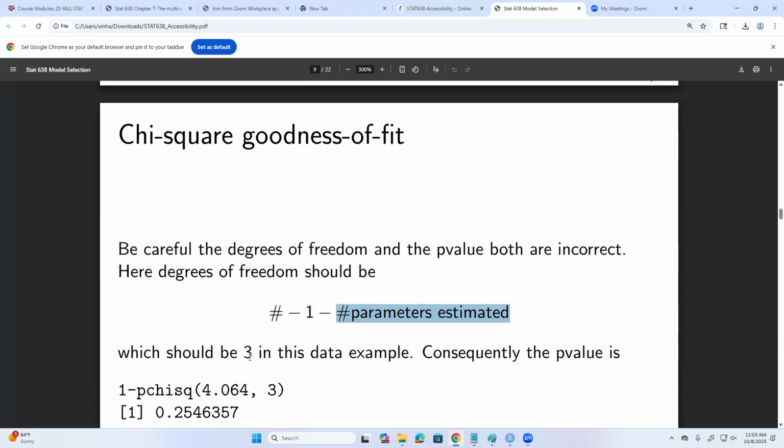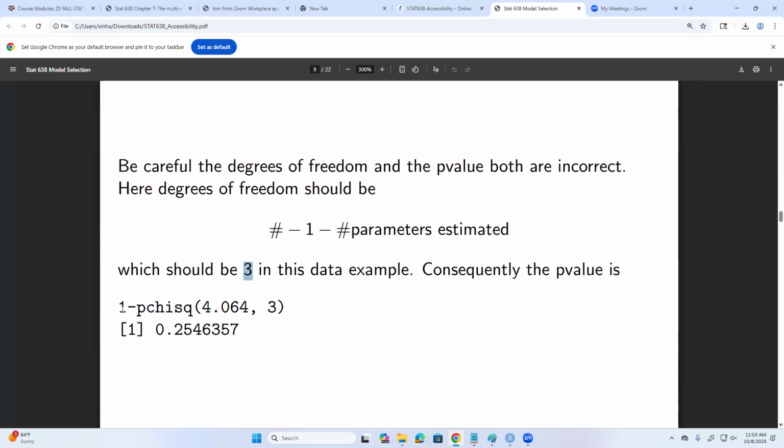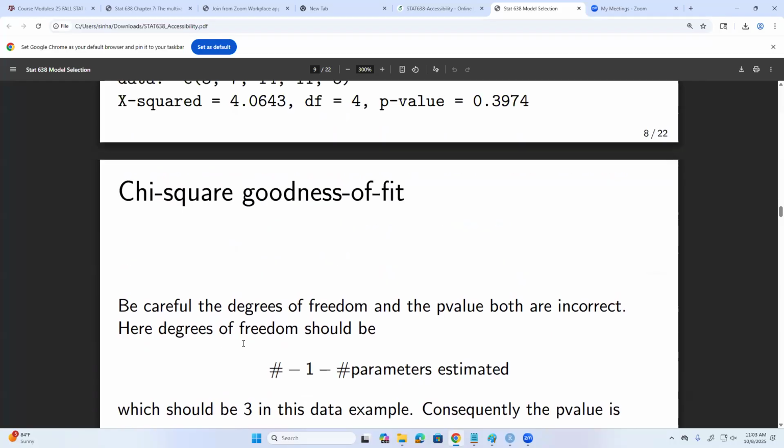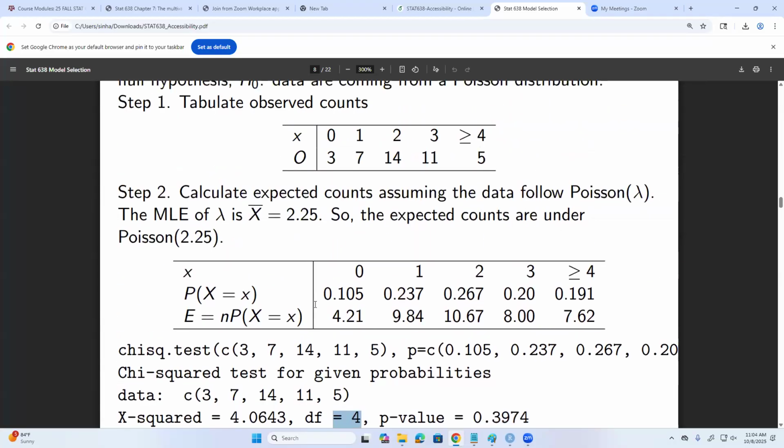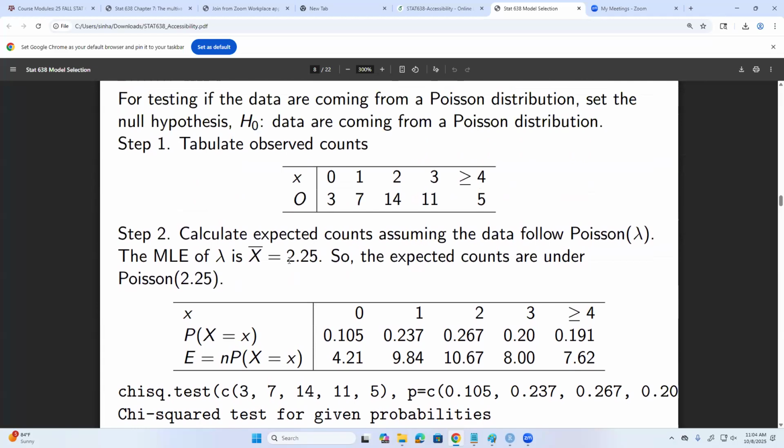So it should be 3, not 4. Consequently, the p-value is 1 minus the chi-square CDF at 4.064 with 3 degrees of freedom, which is 0.2546. So do not take this p-value, do not take these degrees of freedom. And why? Because you have estimated the lambda parameter here, and the software does not know that it has been estimated.